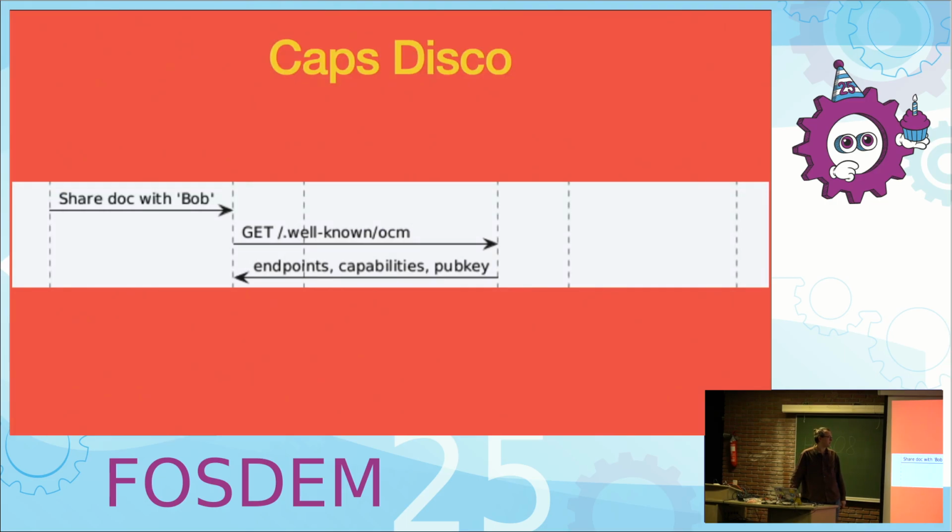And there you can discover the API endpoints, also the capabilities of that server, like which features it implements, and its public key, which you will need for the request signing. So that's the discovery. You start from a domain name, and then you look up the well-known, and then you just get some JSON with the information.